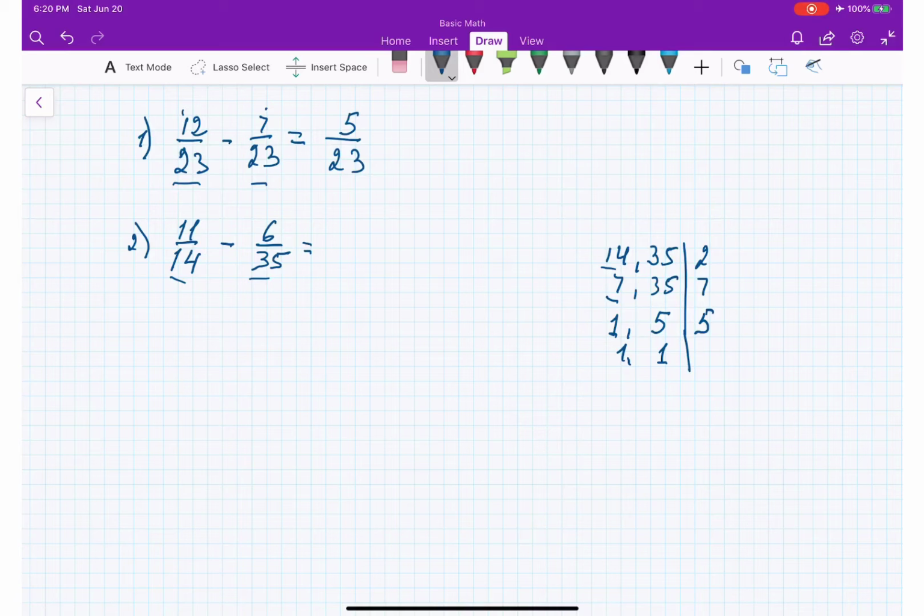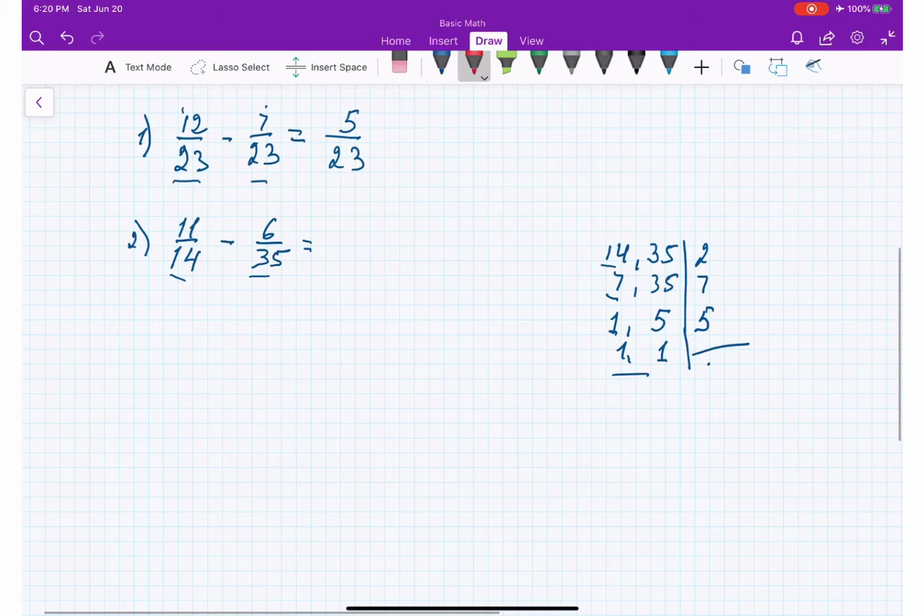We both got 1, so we are done with division. My common denominator, LCD, will be equal to 2 times 7, 14, times 5, it's going to be 70. So our common denominator is going to be 70.